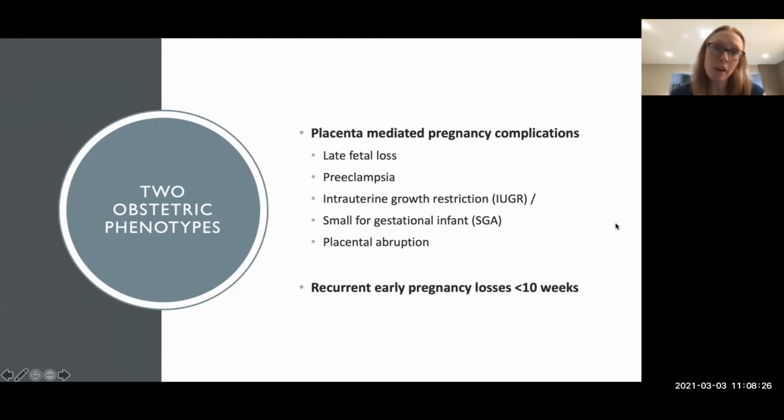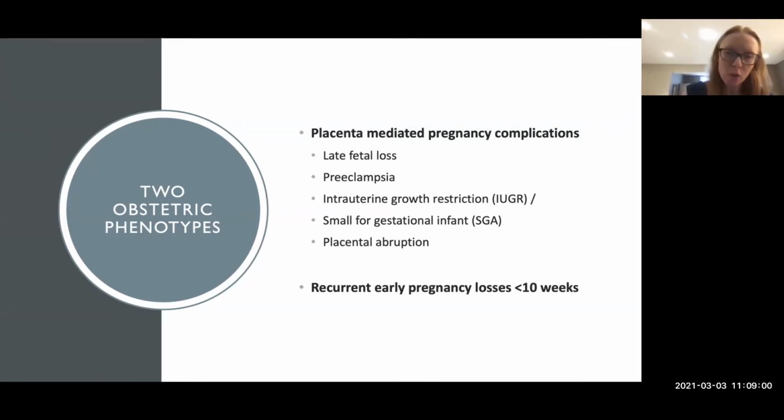When we're focused more on the pregnancy complications, there are 2 general categories, although always some overlap. One is placenta-mediated pregnancy complications, which tend to be late fetal loss, the placental problems of preeclampsia, intrauterine growth restriction, so placental insufficiency leading to growth restriction in utero, small for gestational age infants, as well as placental abruption.